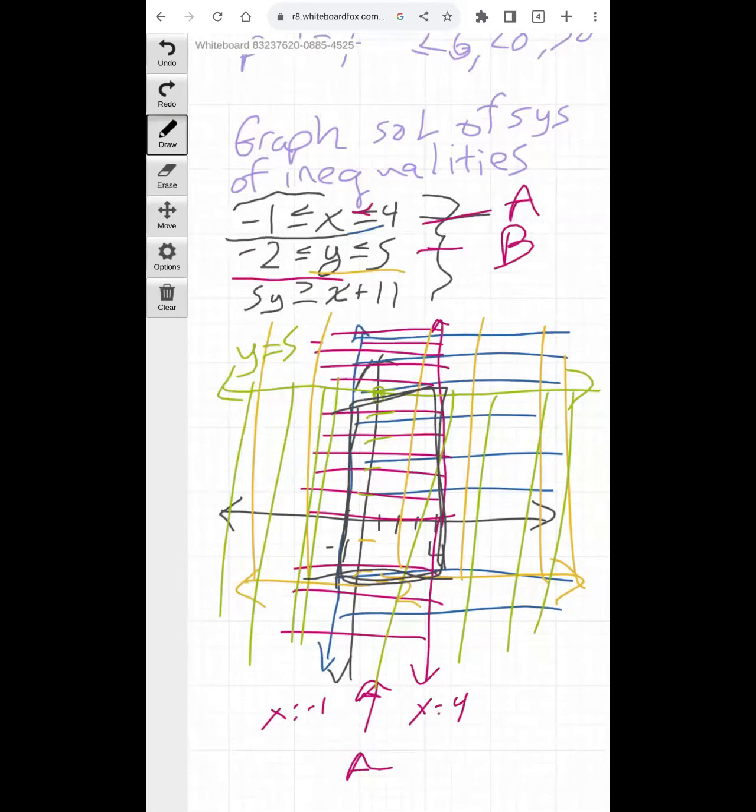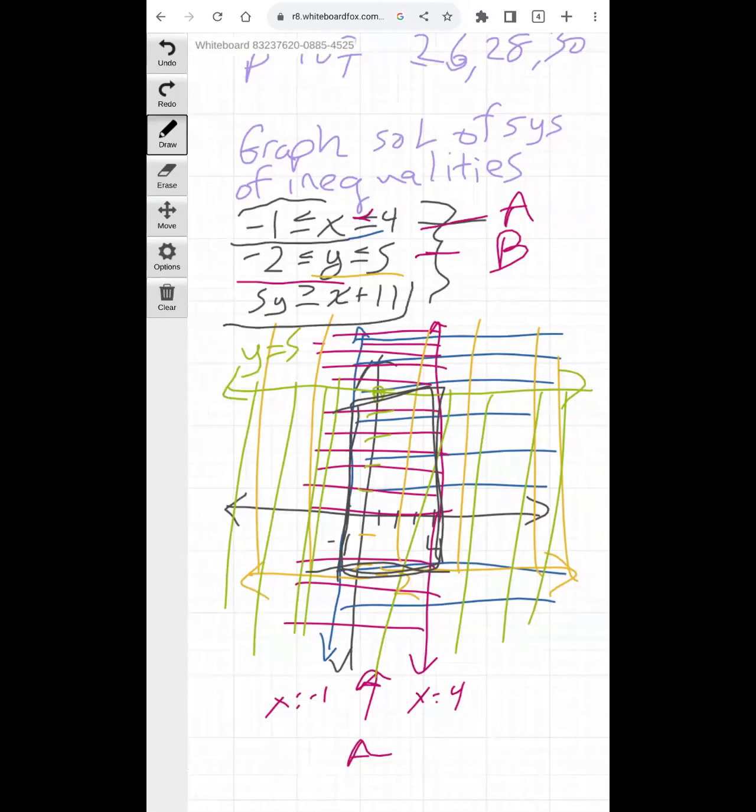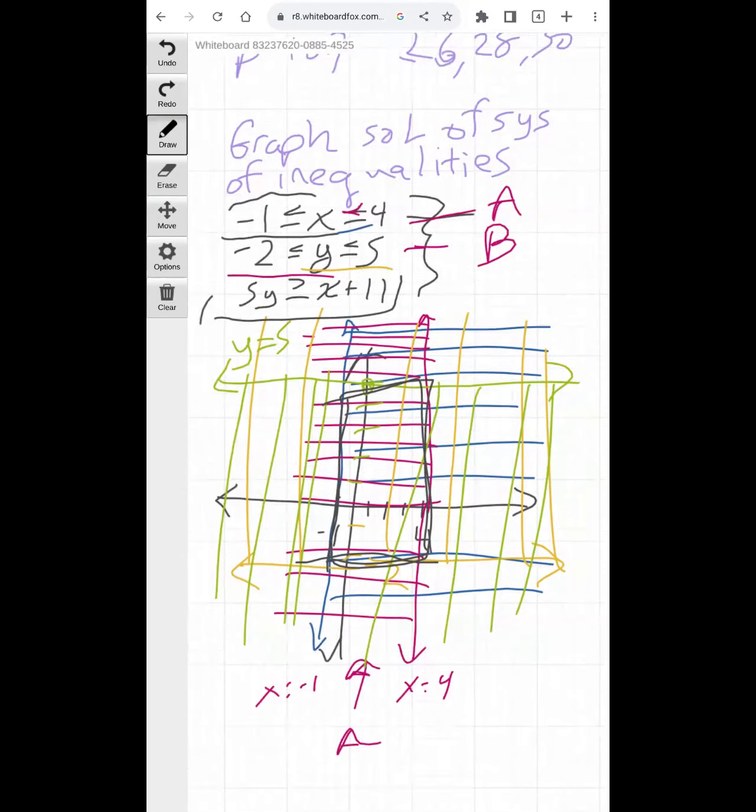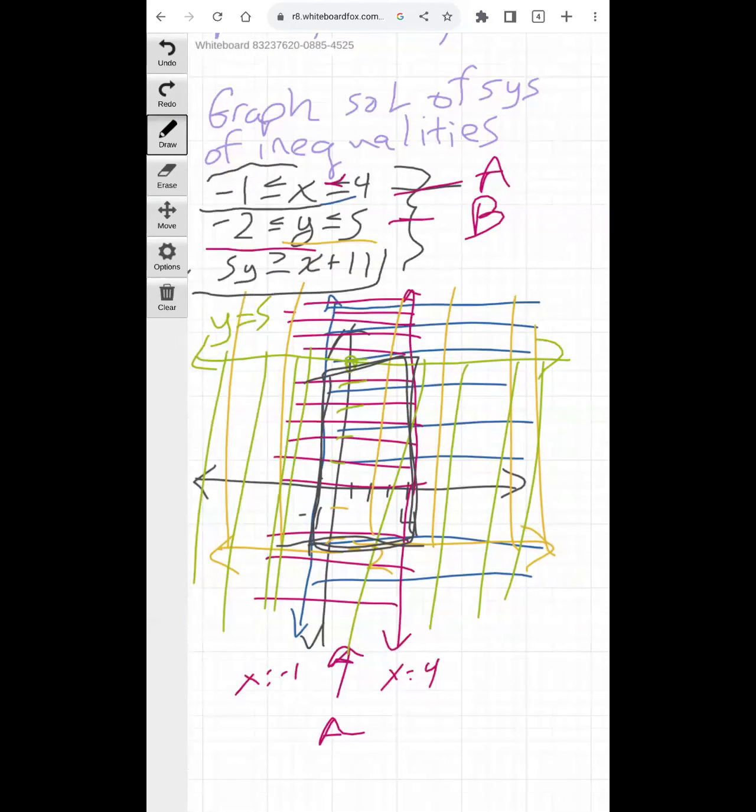Okay, now we have a final inequality, which we're going to call inequality C. This line is y equals -2.